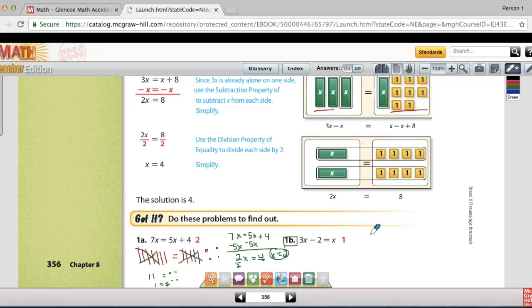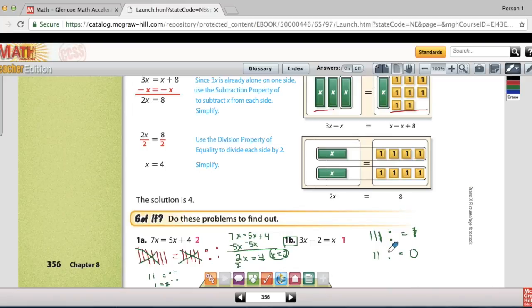Same strategy of showing the bars. So 1, 2, 3x minus 2. I'm just going to put 2 little dots here for -2 equals 1x. Okay, so I'm going to take away 1x here and take away 1x here. So I have 2 x's, and then -2 equals nothing.